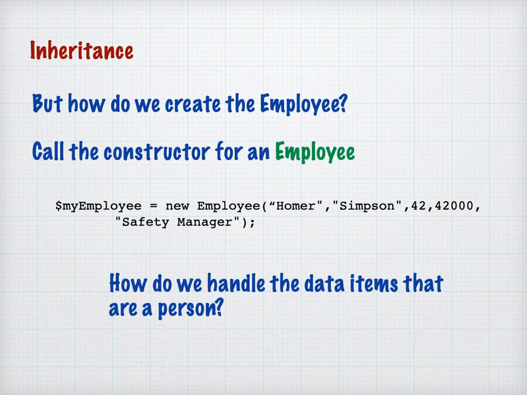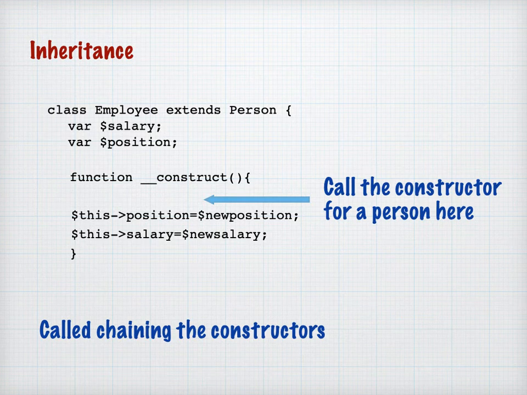Now, of course, we had to do a little bit of extra work here because we're going to use that constructor for an employee. So when we construct an employee, we know there's going to be a little bit of extra information in there. What's that extra information going to be? Well, it's going to be the salary and the position. But of course, we also need all those other bits of information: their first name, their last name and their age.